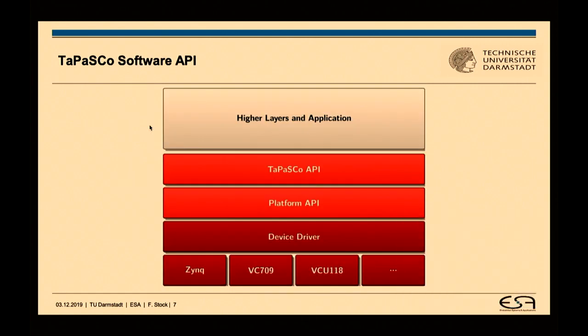The regular TaskTabasco stack looks like this. We have on the bottom different hardware platforms which are supported by the device drivers, and the communication is done via a platform API. On top you have a TaskTabasco API, and above it you have the usual user software interacting with the platform.